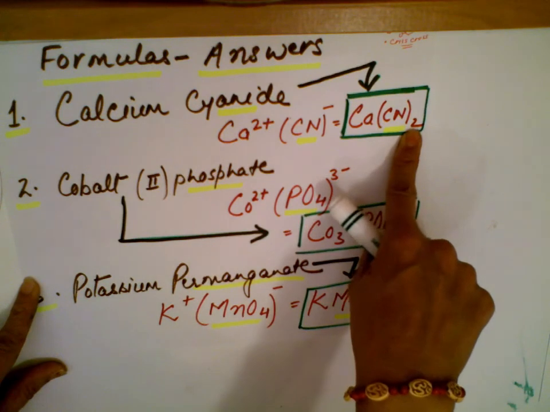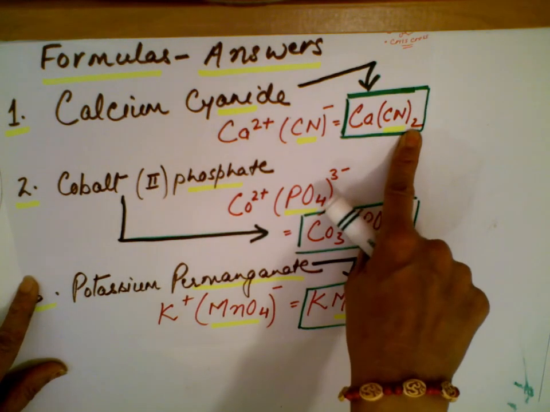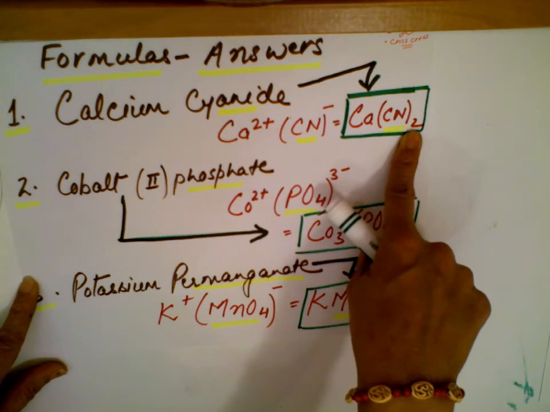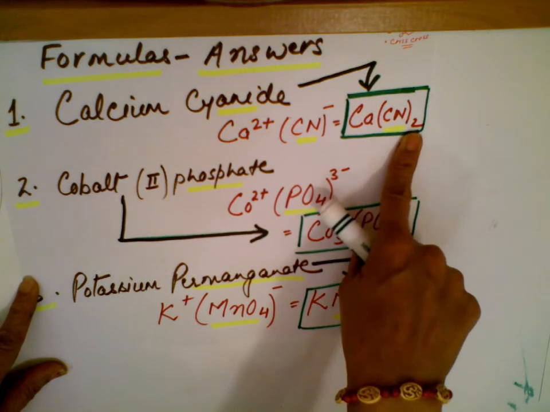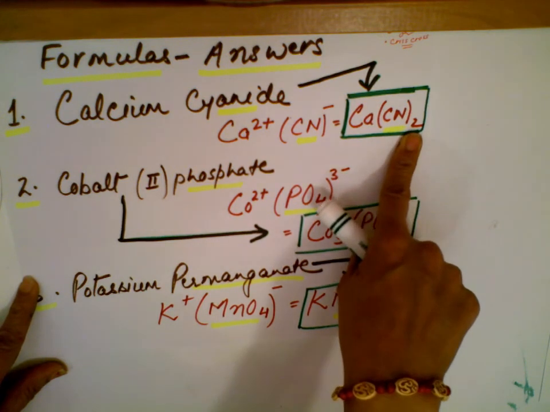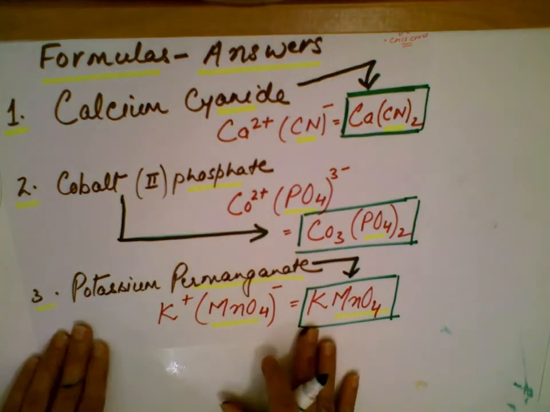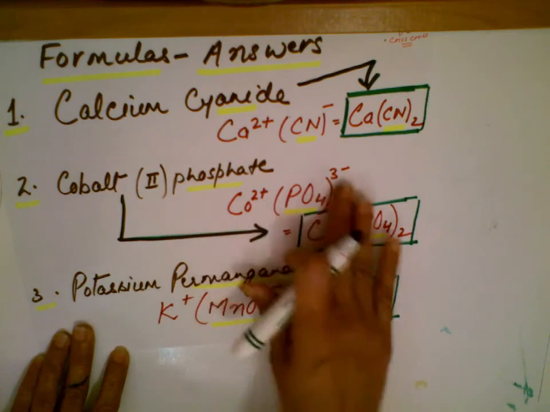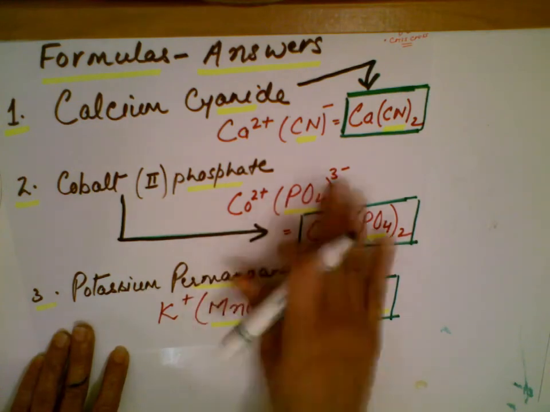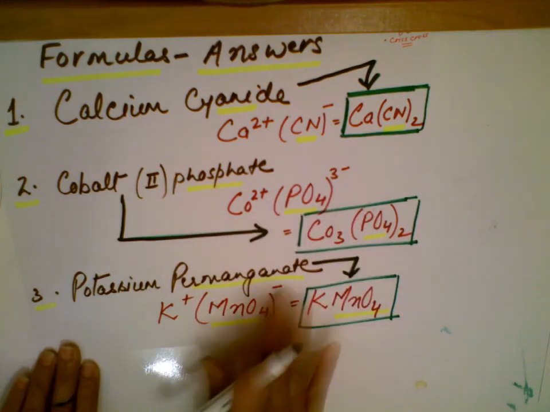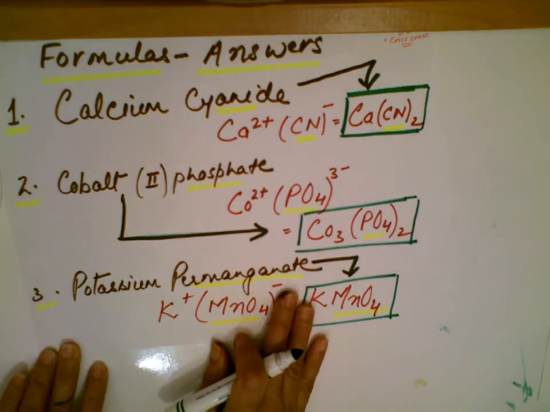Just remember that, because otherwise the whole thing will be incorrect. And it's important because it is showing it is more than 1 ion. So here again, because of opposite different charges, you crisscrossed, and here you cancel because they are the same charges. Opposite but equal.